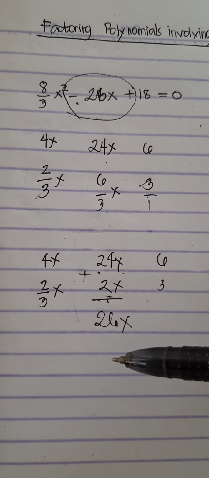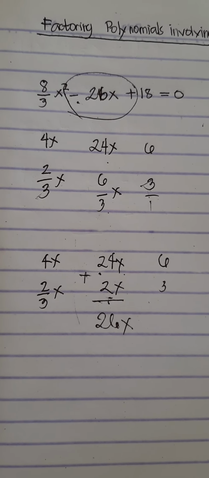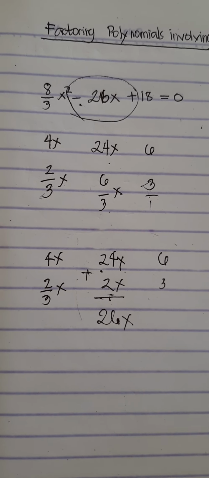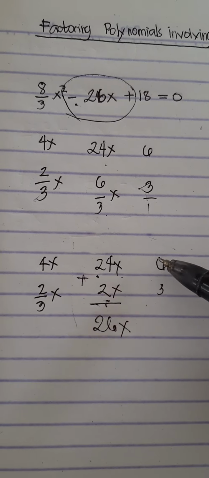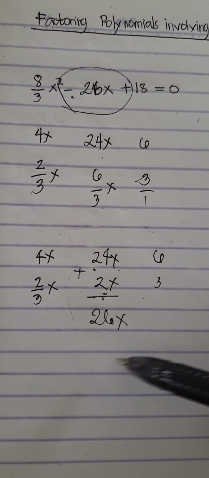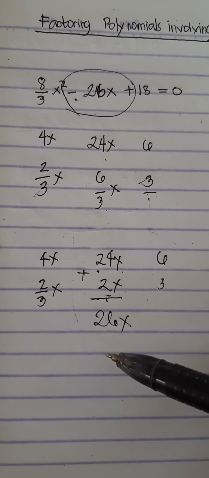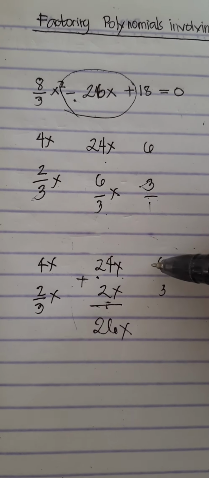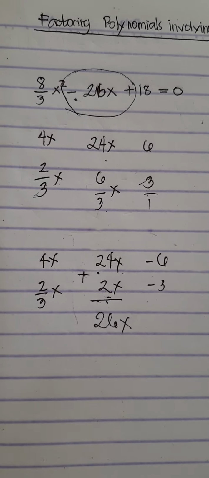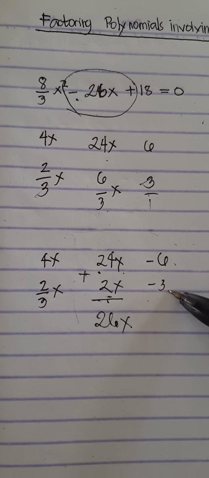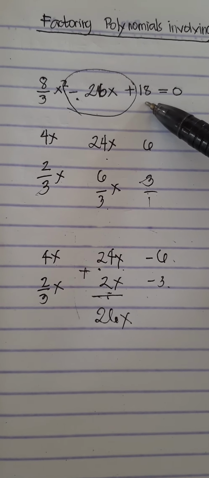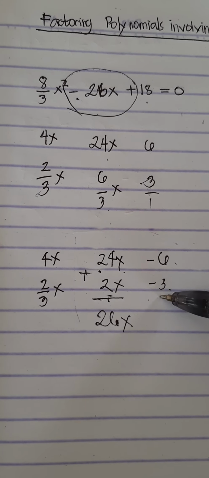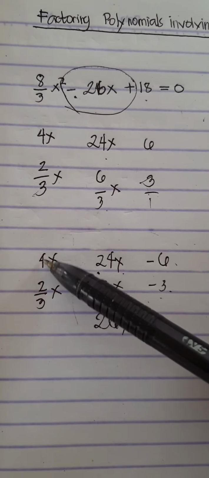So they're not equal. They're opposite in terms of signs. So we go back to our process above. Where can you put the negative to make the middle answer equal to negative 26? Yes, you can write it here. Negative 6 times negative 3 is still equal to positive 18, right?